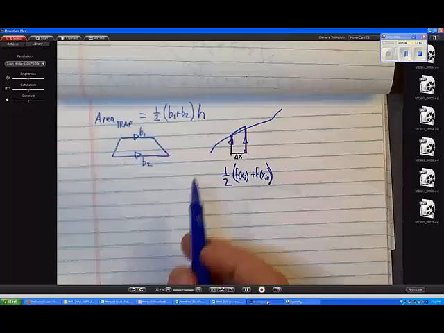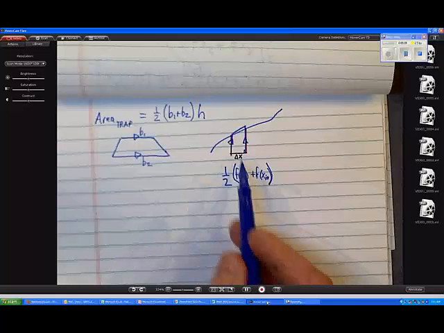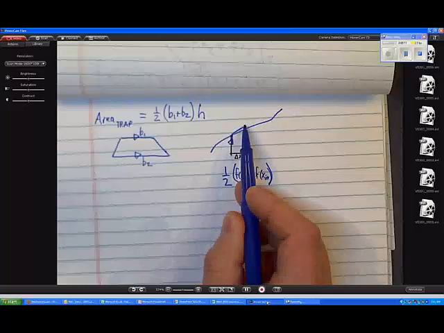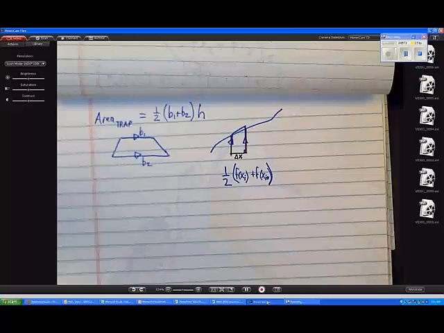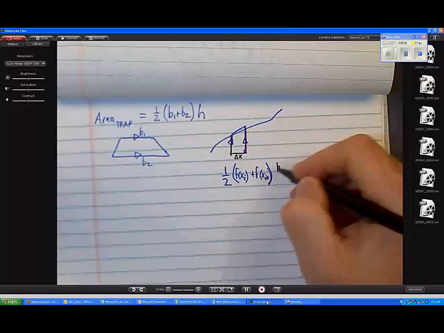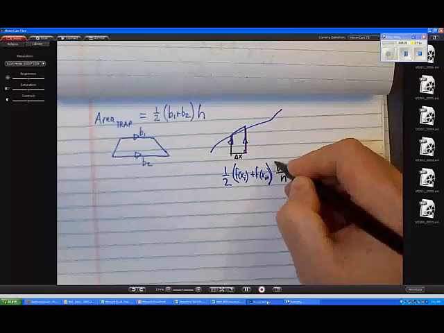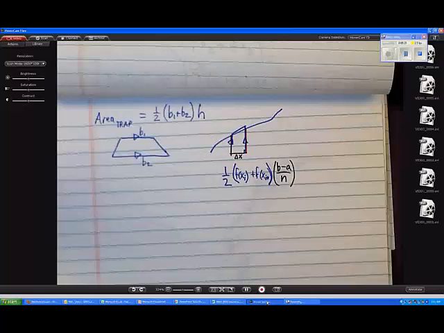These 2 points are, if you compute f of those, that's the 2 lengths of the bases. Does that make sense to people? Now what about the height? Well, I called that delta x. But I told you on the last slide what delta x was. Do you remember? B minus a over n. Does that make sense?